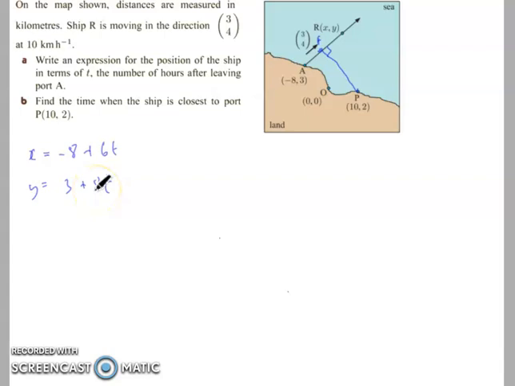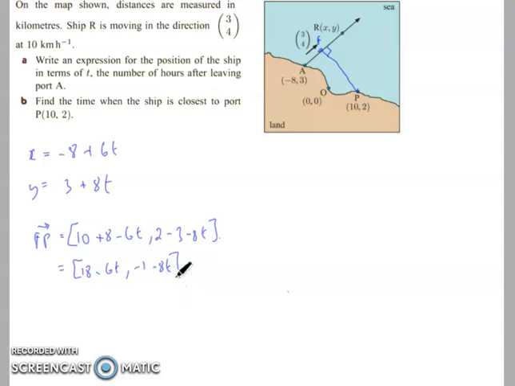So let's work out the vector from F to P. Once again, we'd have 10 take away -8, take 6t, and then I've got my 2, take away my 3, also take away my 8t. So I end up with 18 take 6t, and I've got a -1 minus 8t.